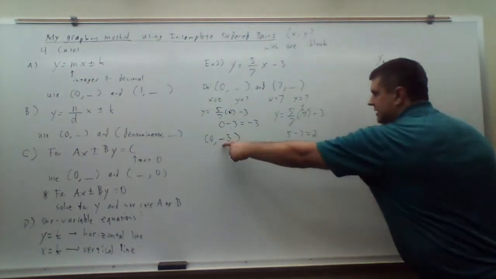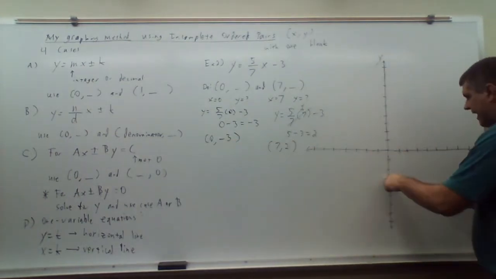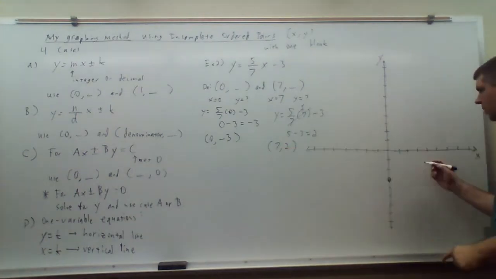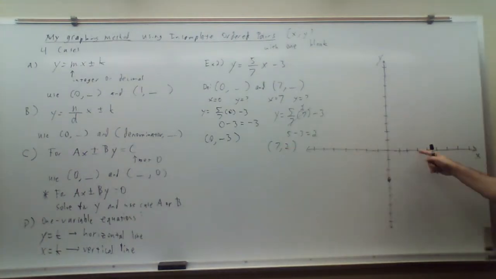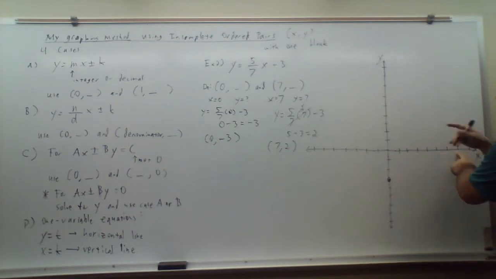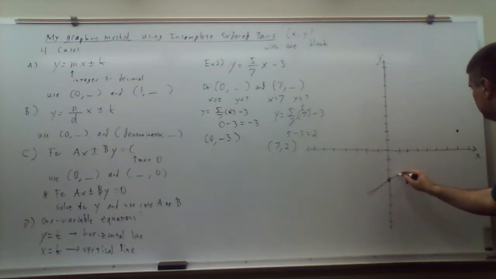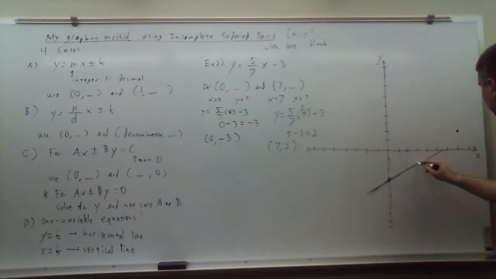So 0, negative 3. 0 is my left, right. Negative 3 is down here. And the x coordinate will be 7: 3, 4, 5, 6, 7. And then up, down is 2. I proceed to put the line through, or try to.